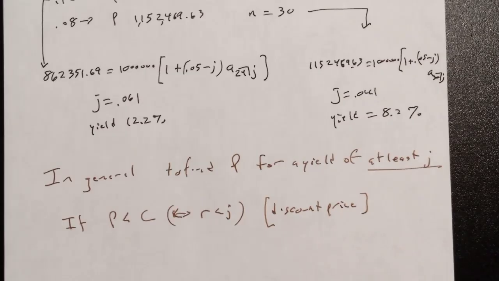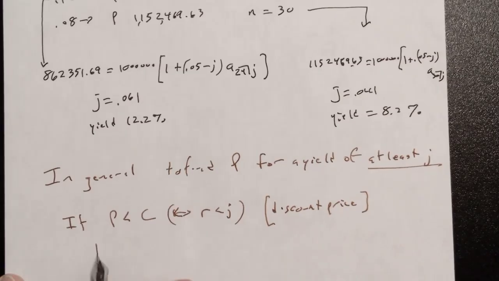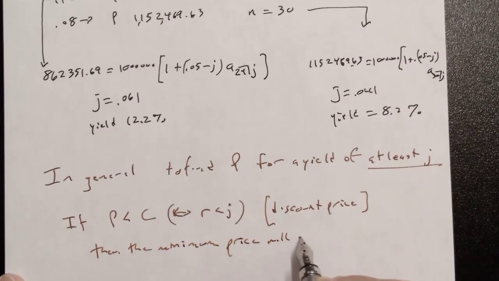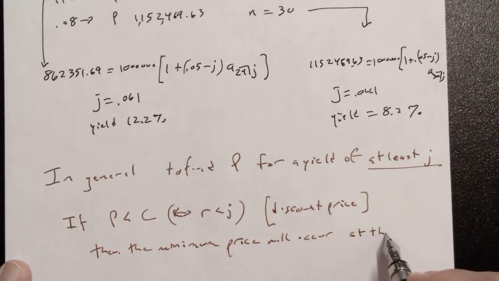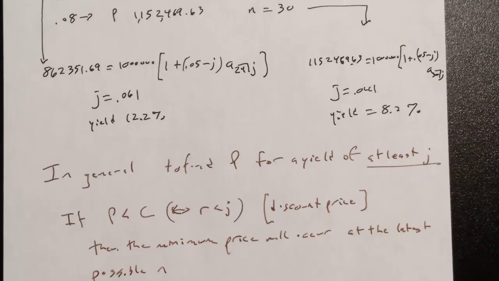My yield is high. The minimum price will occur at the latest possible N, because if R is less than J, I'm subtracting, and the further out I go, the more I discount.